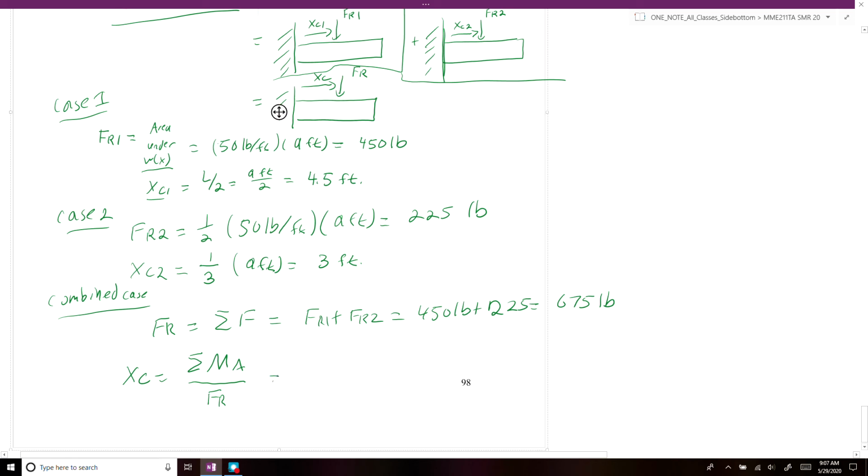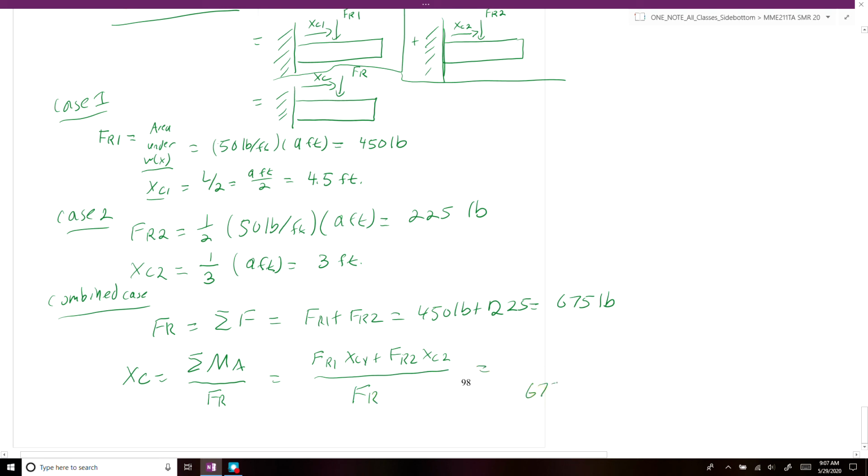So the moment due to our case 1 is going to be equal to FR1 times XC1 plus FR2 times XC2, divided by our total resultant force.